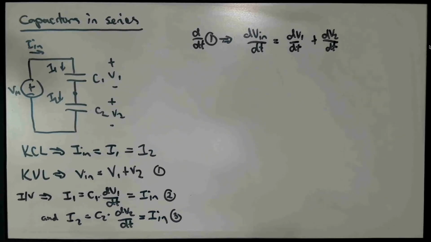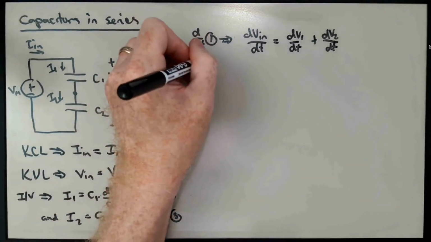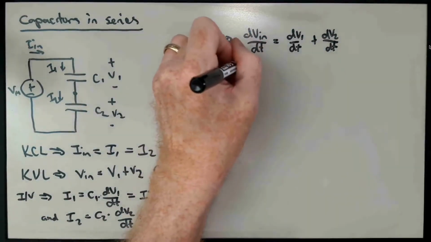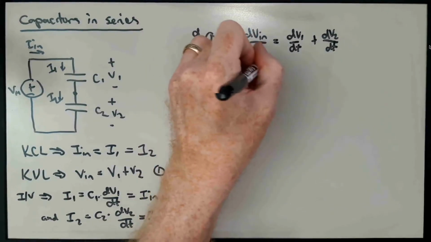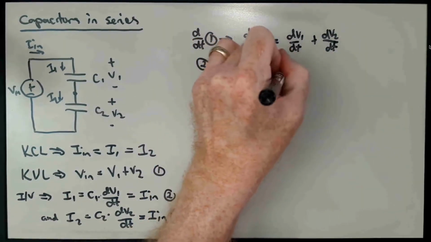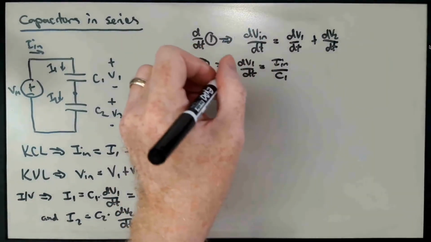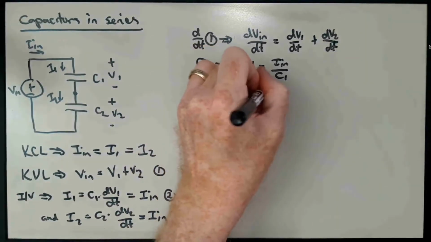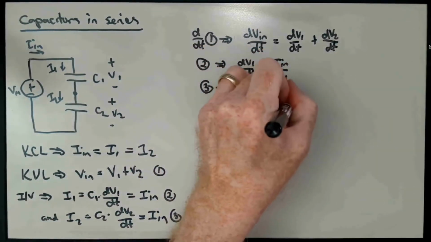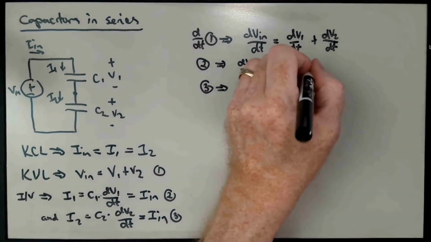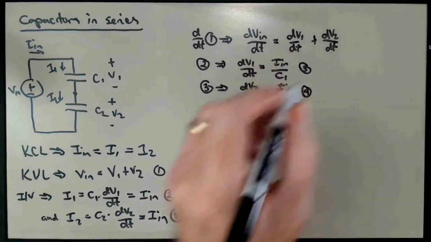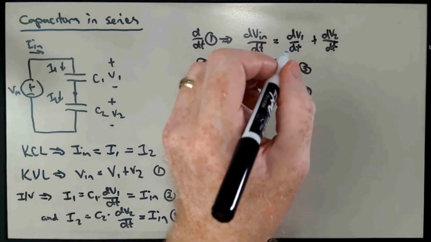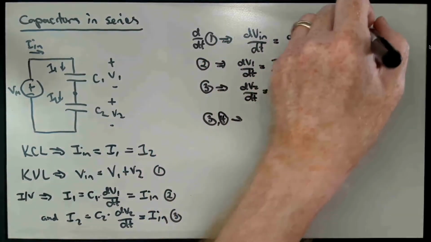Well, we can solve equation 2 for dV1/dt, and that's equal to In over C1. And similarly, equation 3 implies that dV2/dt equals In over C2. If we call this 3 and 4, we can of course substitute 3 and 4 into the time derivative.